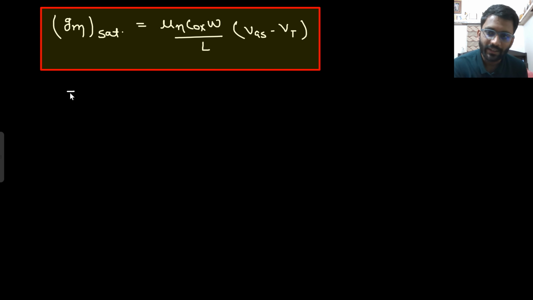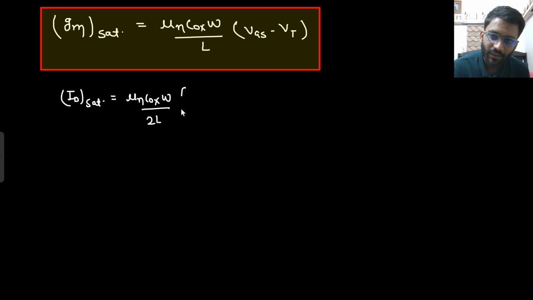Let's write down the ID saturation current. What is your ID sat? ID sat is mu n COX W by 2L, VGS minus VT whole square.